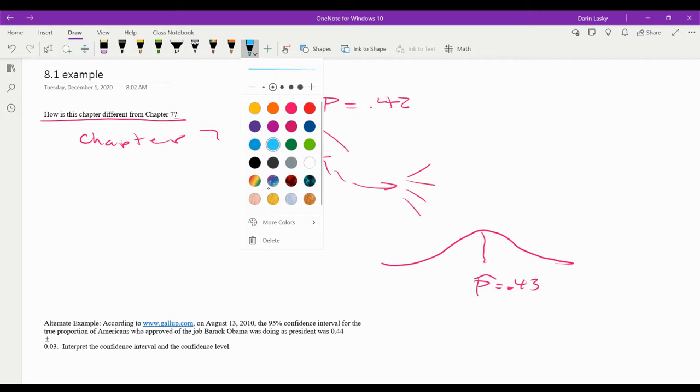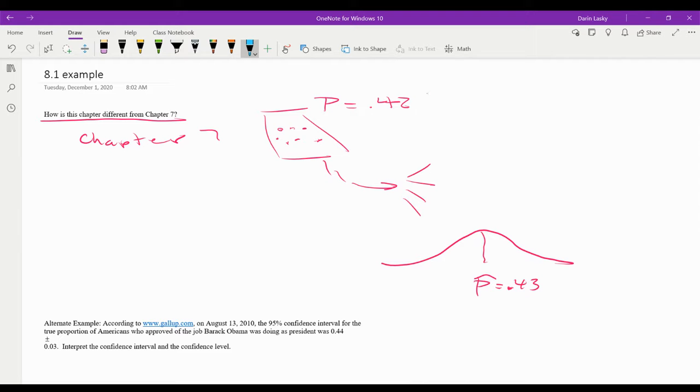In the last chapter, we knew that the population proportion was 0.42, and we knew that our sampling distribution of p hat should have been pretty close to 0.42. So that is in utopia and not even in the real world.